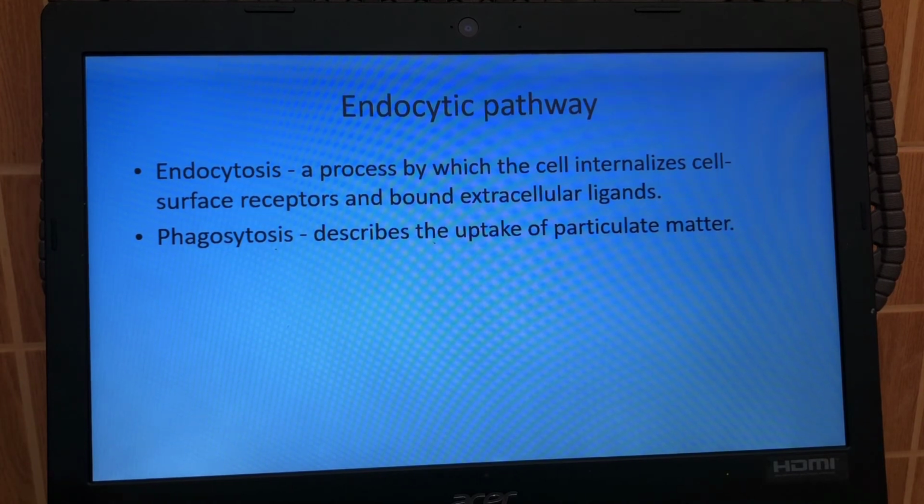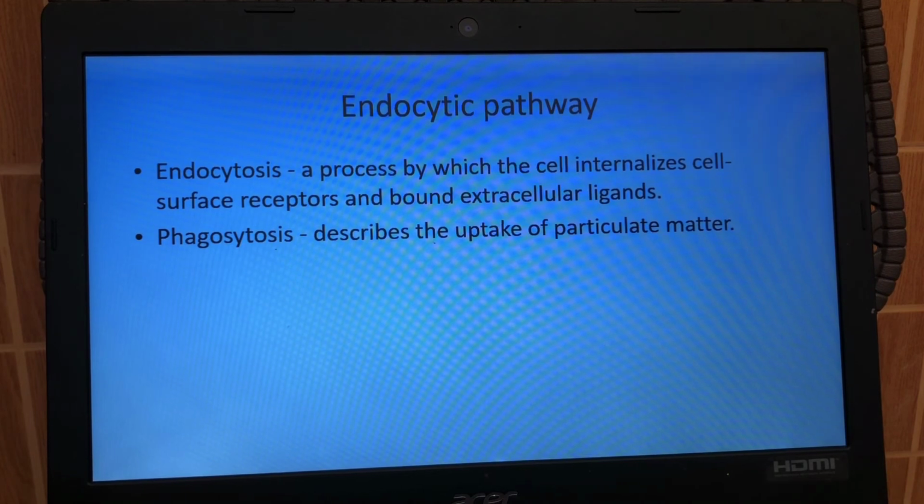Receptor-mediated endocytosis, or RME, in contrast, brings about uptake of specific extracellular macromolecules following their binding to receptors on the external surface of the plasma membrane.